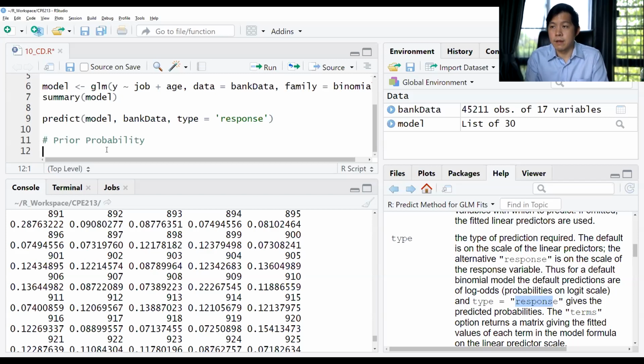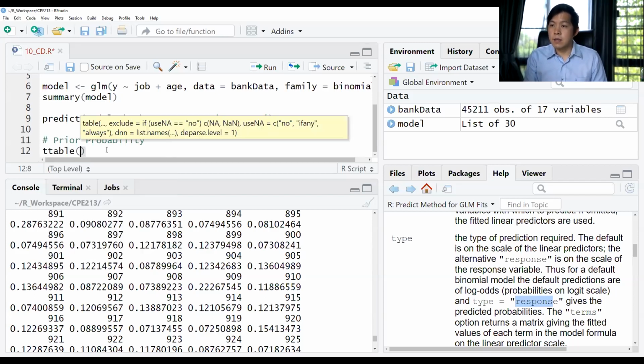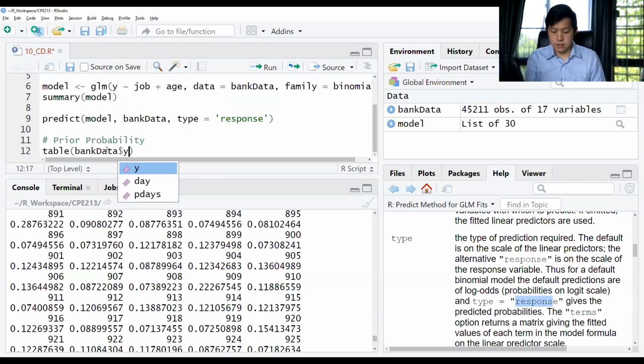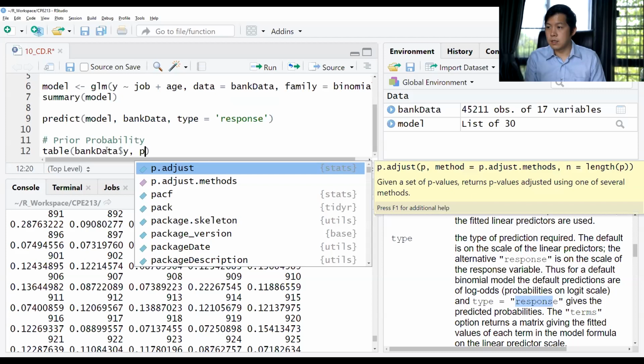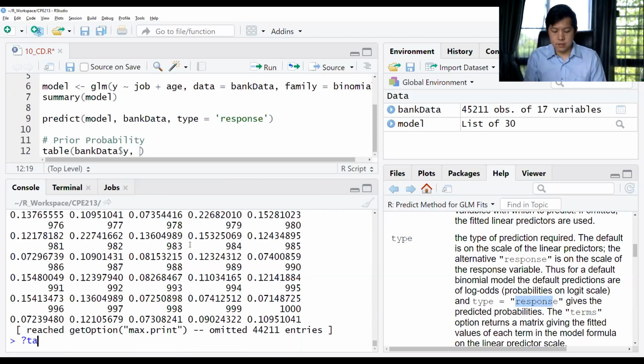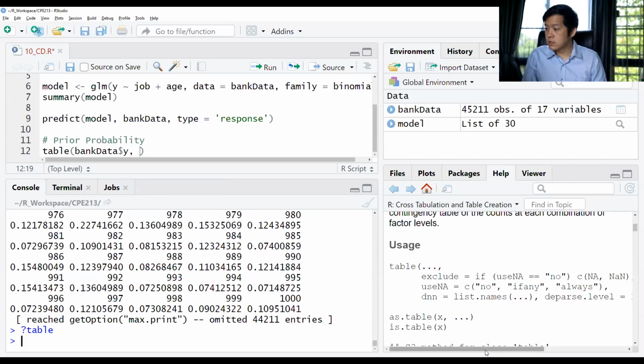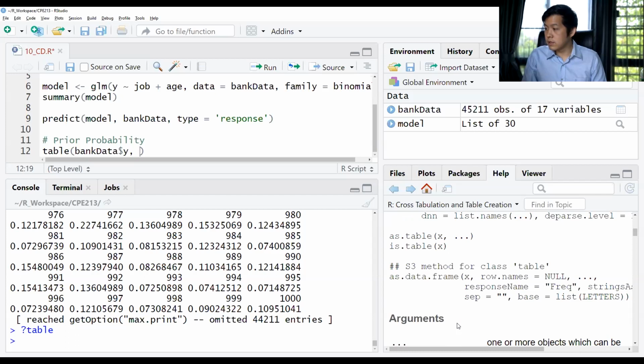Like the chance that the customer would accept the offer, and that comes from, if you create a table of the bank data $y, and then use, you can use scale.